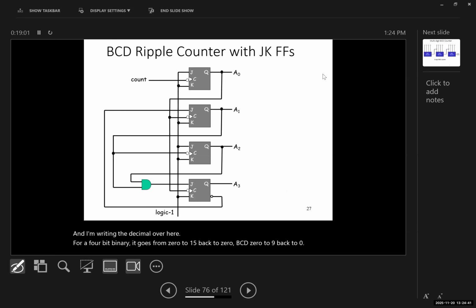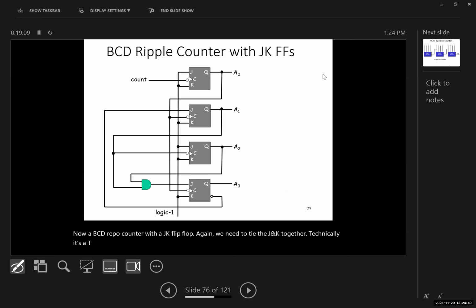Now a BCD ripple counter with a JK flip-flop, again, we need to tie the J and K together. Technically, it's a T flip-flop. And because it's a ripple counter, the output of the first JK flip-flop is connected to the clock of the second one, and so on.